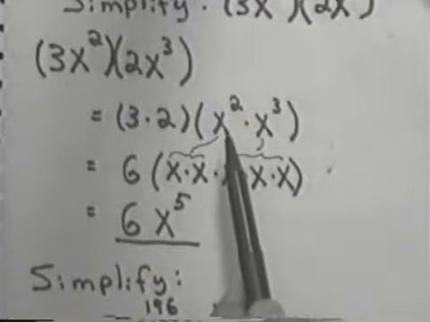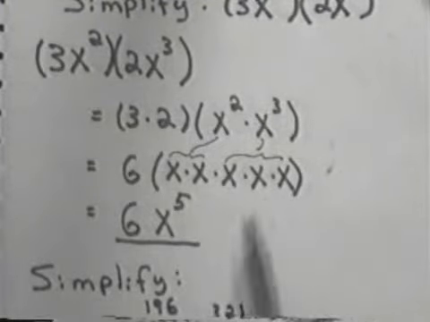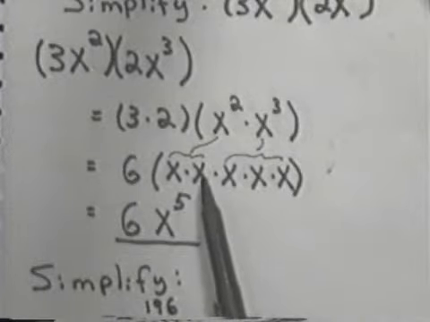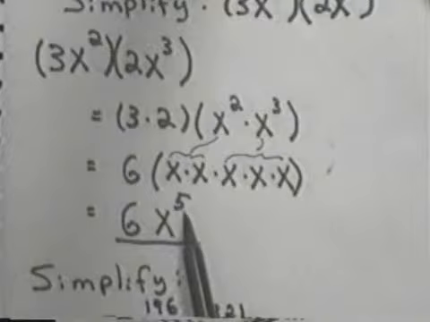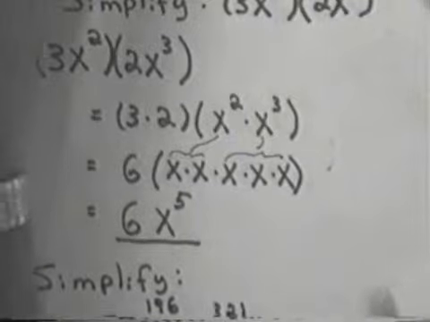That indicates that to multiply powers having the same base, I would keep the base x, but I would add the exponents. If I use it 2 times and then use it 3 more times, I've used it in all 5 times. In fact, that is your rule of exponents that I'm going to give you now.